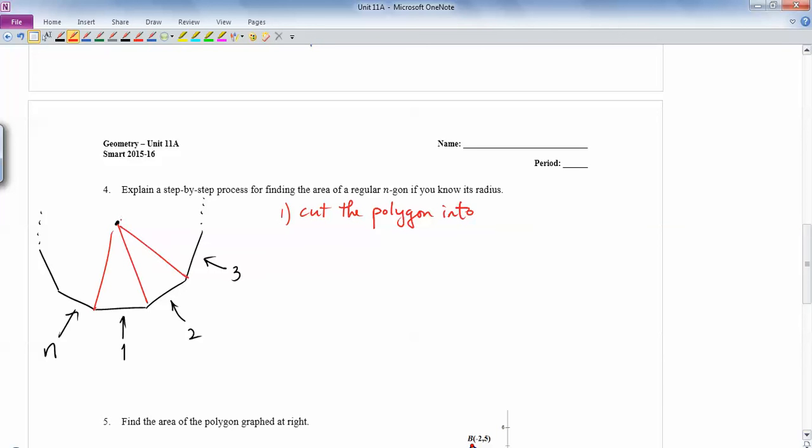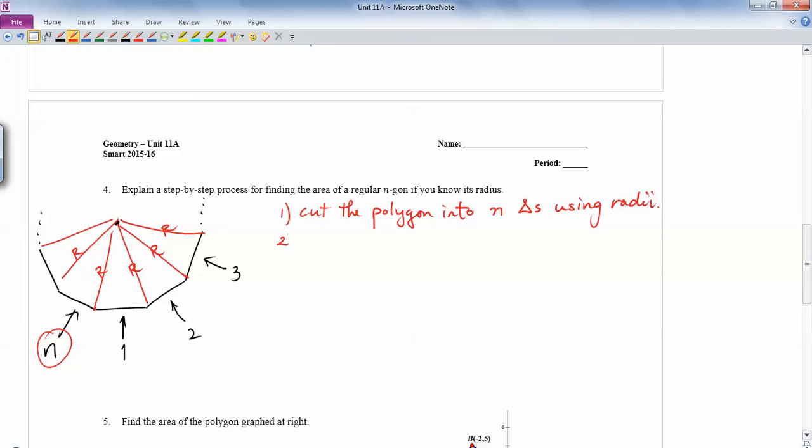And if you think about how many triangles you get, you're going to get 1 triangle for every side. So if there are n sides, there are going to be n triangles using the radii. Now remember, we know in this problem what the radius is. So I'm going to mark them all as though we know them. They're all r, whatever r is.